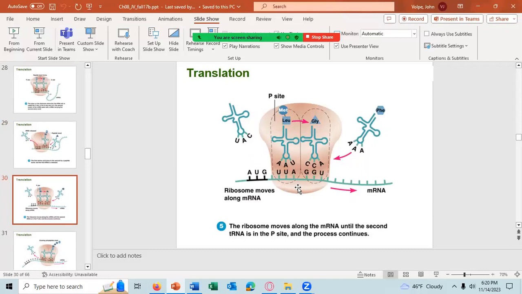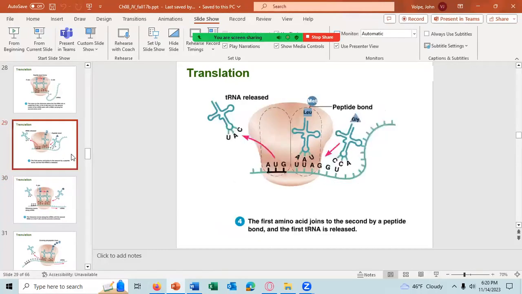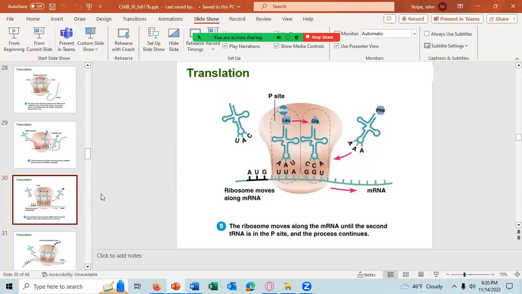You'll note that what was once in the second position of the ribosome now moves to the first channel of the ribosome. That happens when the ribosome moves down a codon. That will allow the next codon to be read and the tRNA to bring in the correct amino acid, which happens here.